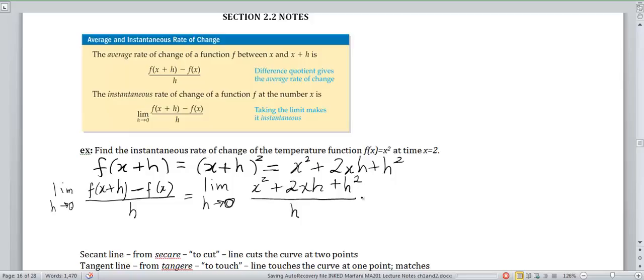We want to subtract f of x, so minus x squared. Okay, so this part is f of x plus h, and this part is f of x.